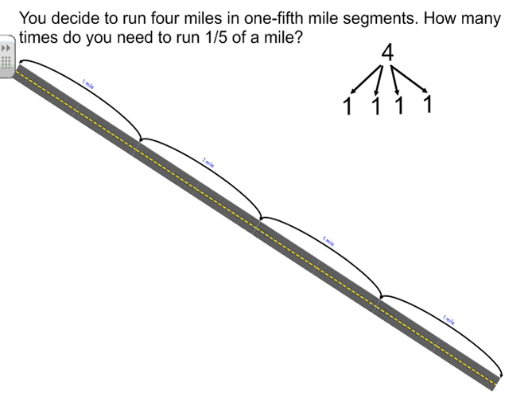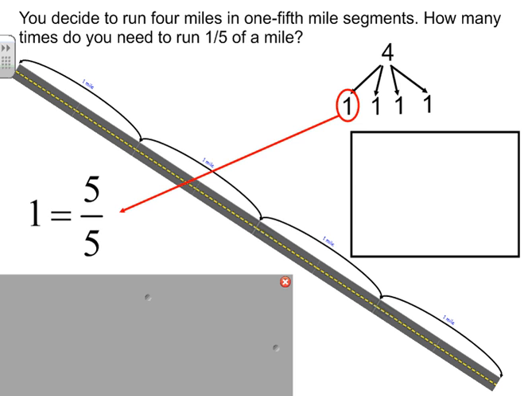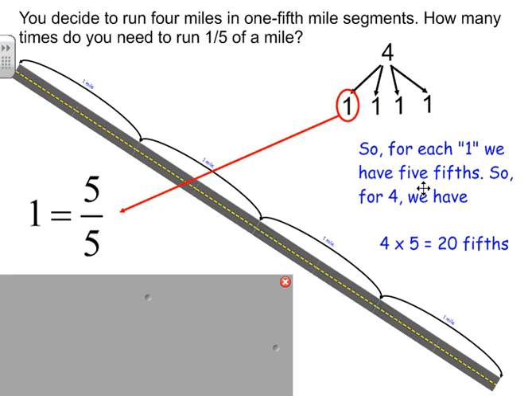That is because when we have 4 miles, we can split it up into 4 ones. And as we said before, each of those ones represents 5/5. So we have 4 miles that we need to be worried about, and for each one we have 5/5.